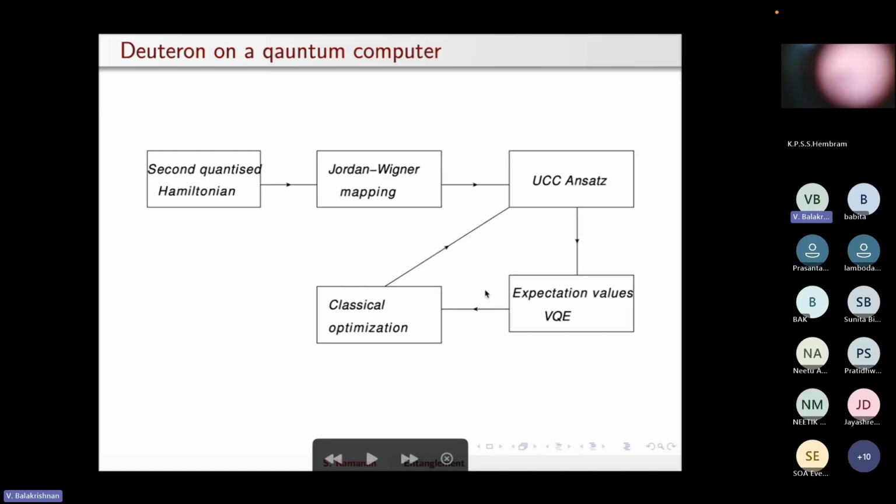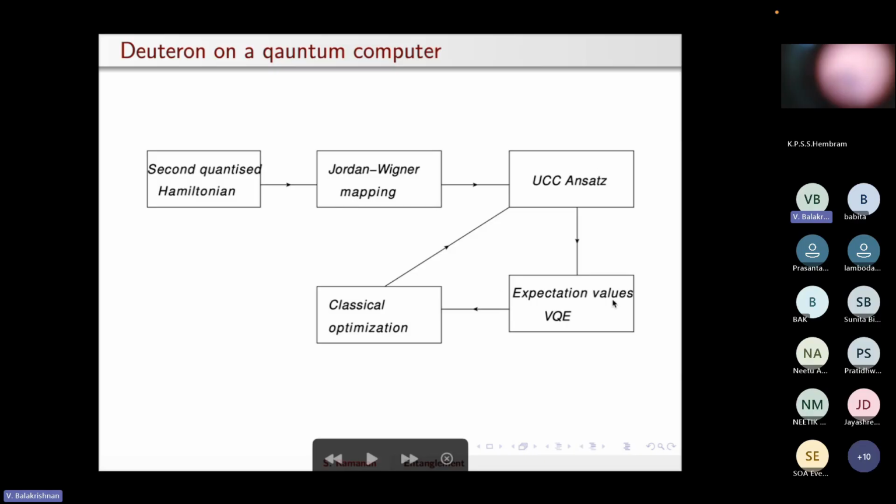Then, in order to carry out the eigenvalue solution, simulating this deuteron eigenvalue problem on a quantum computer, you go from a second quantized Hamiltonian to a Jordan-Wigner mapping. You have an ansatz for what could be the actual deuteron wave function. The ansatz is going to have some parameters. The ansatz that we use is called the coupled cluster ansatz, which allows for excitation from the n equal to 0 ground state to all the different states of the oscillator that we have included.